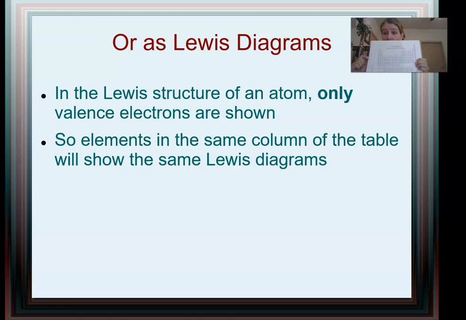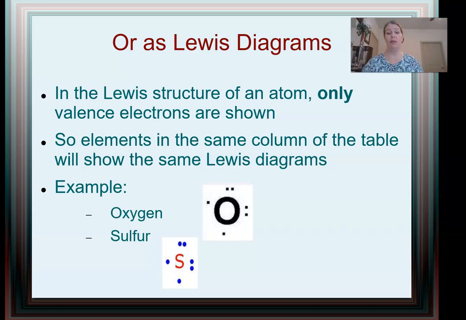But look down at the row below that. If I look down at the third row, I have 1, 2, 3, 4, 5, 6, and I'm right underneath oxygen at sulfur. So both of those have the same number of valence electrons and will therefore have the same Lewis dot diagram.